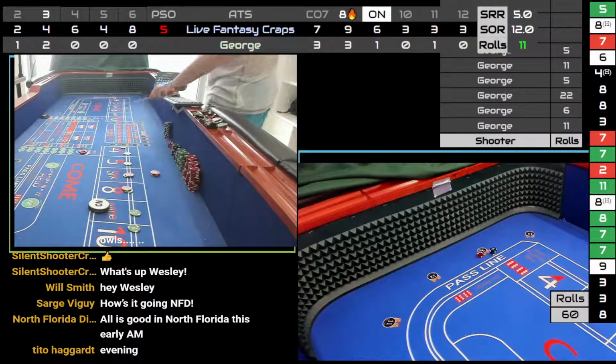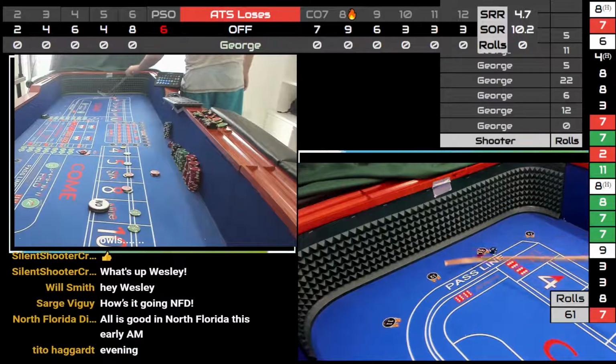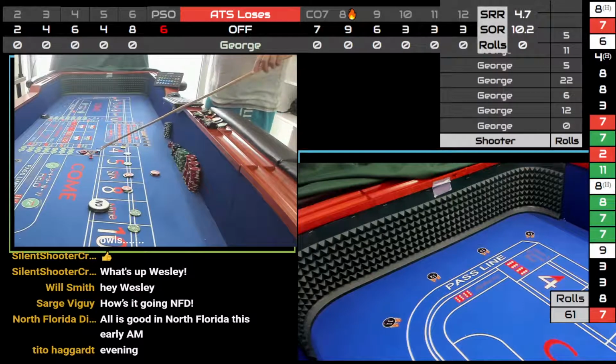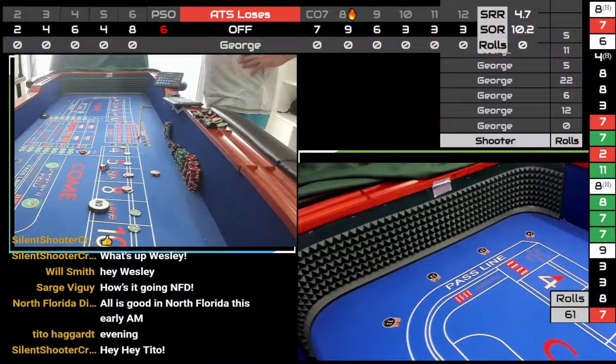For right die. 7 out. Lots of 7s there. 8, 7, 7. Shit.